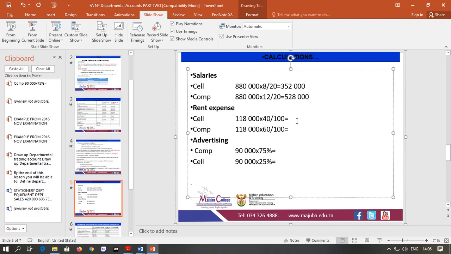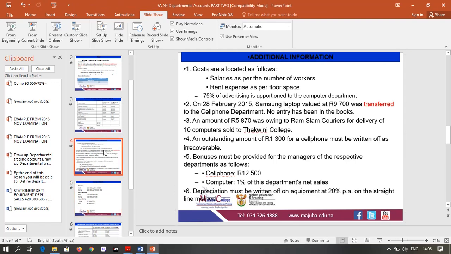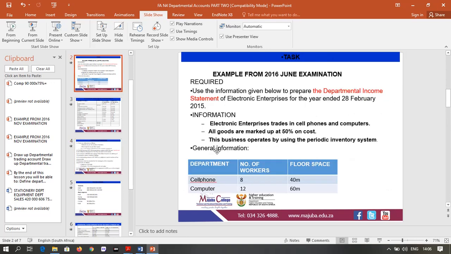For rent, you do the same again. For rent expense, you go to the additional information. They're saying here that rent expense is paid per floor space. According to our additional information, 40 square meters is for cell phones and 60 square meters is for computers. When you add 40 and 60, you get 100.